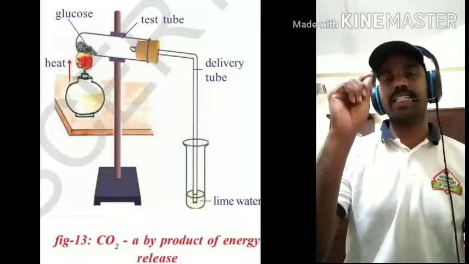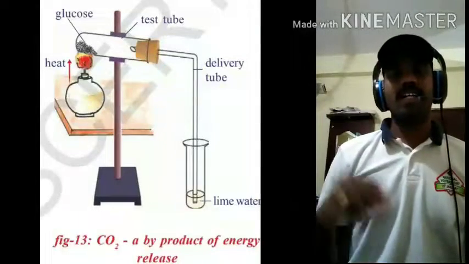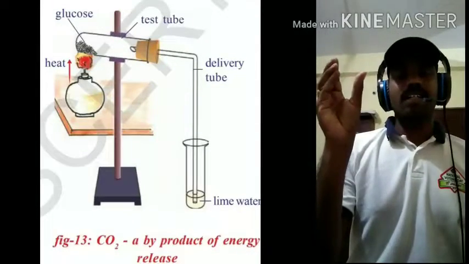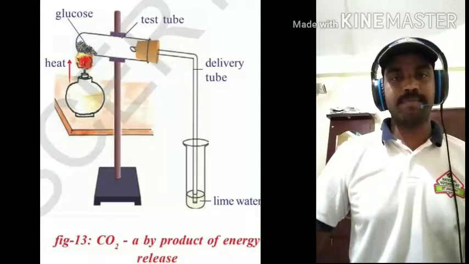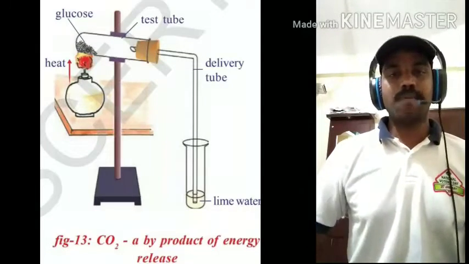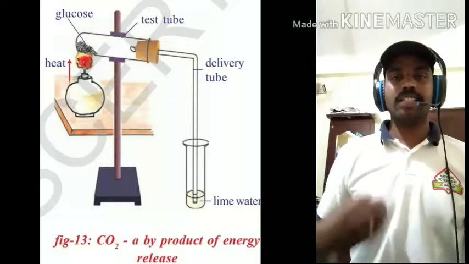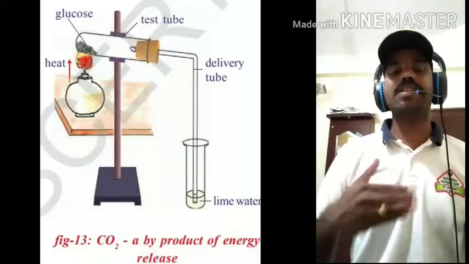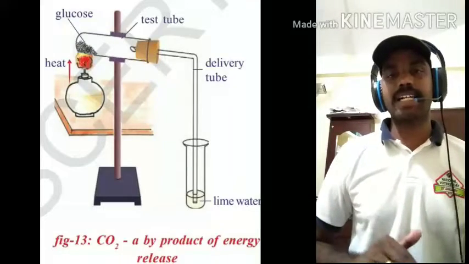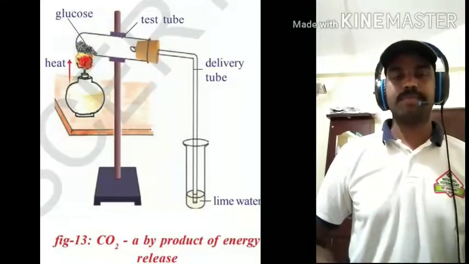Water is present on the test tube walls and carbon dioxide enters into the lime water and turns it milky white. These are the observations in this activity. Whenever we are heating glucose, it produces carbon dioxide and water.